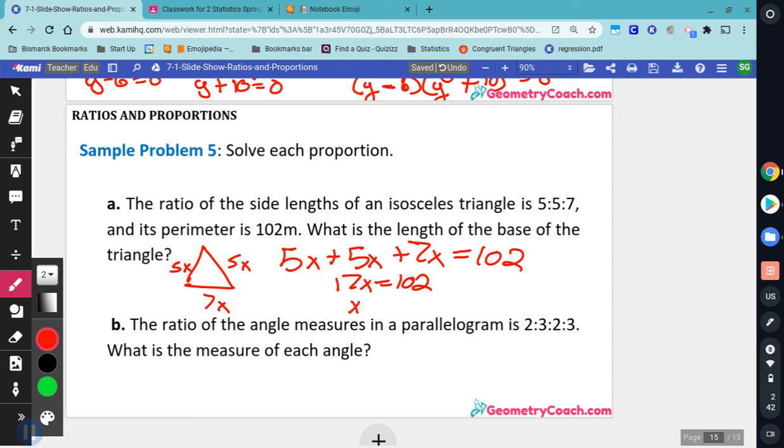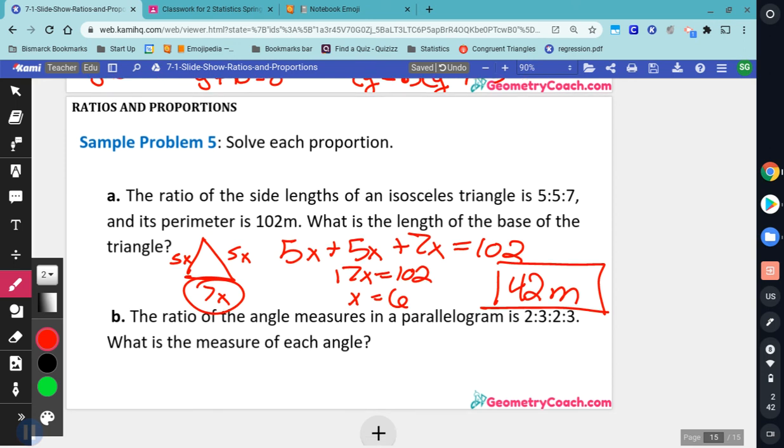X is 6. So that's the value that each of the x's was multiplied by. That's the factor. The length of the base, well, the base is the one that wasn't the leg. The base is the 7x. So the length of that is 42 meters. 6 times the 7.